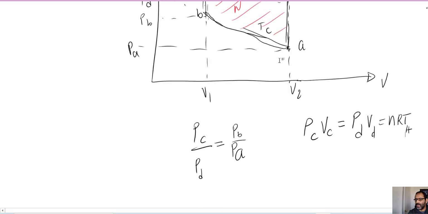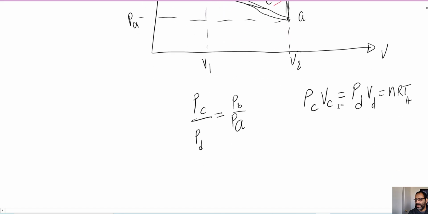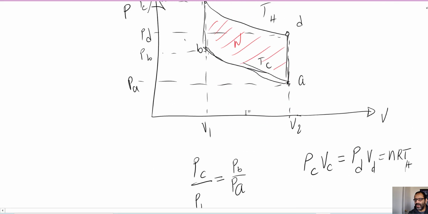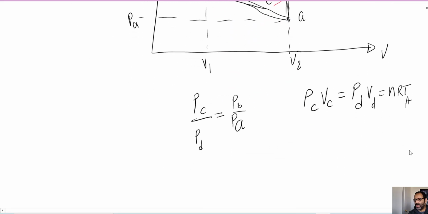One more thing about this expression. VC is, by the way, equal to V1, and VD is equal to V2. So we can write it as PC V1 is equal to PD V2, from the diagram.